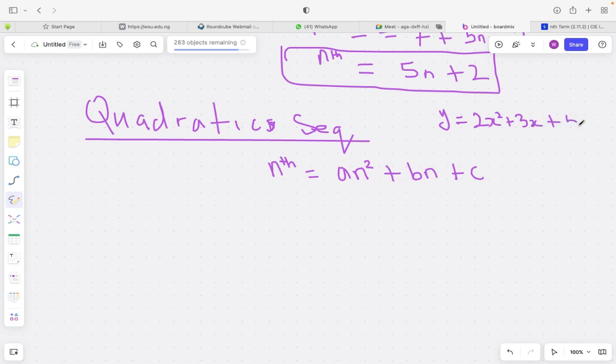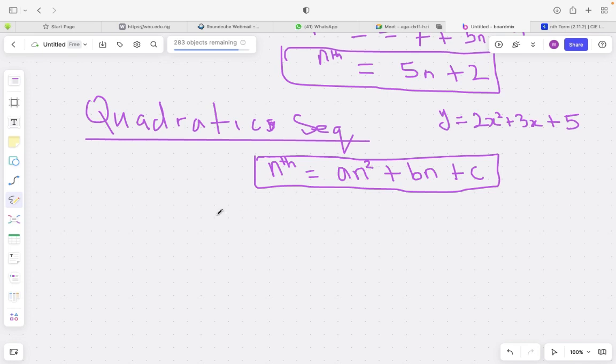This 2 is the a, and the highest power here is 2. This b is the 3, and this n is equivalent to x. This 5 is a constant. This is how a quadratic function is defined, meaning the highest power is 2.